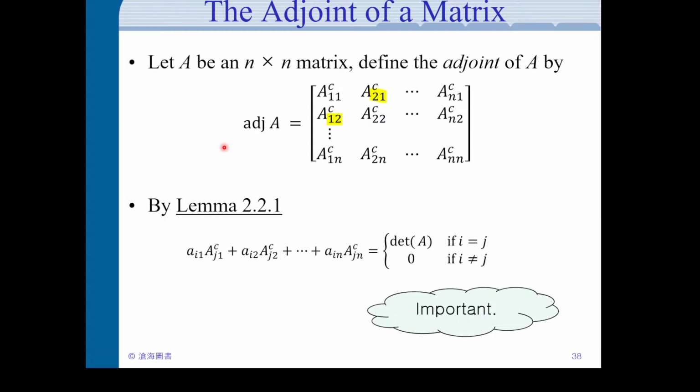And then remember that we have this lemma 2.2.1 says that A_ik times AC_jk equals 0 if i is not equal to j, and the determinant of A if i equals j.